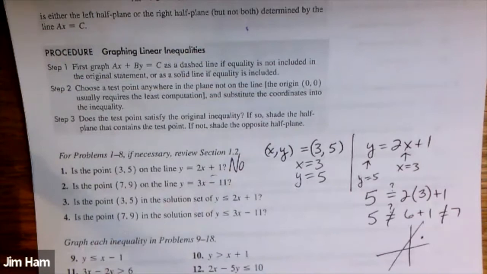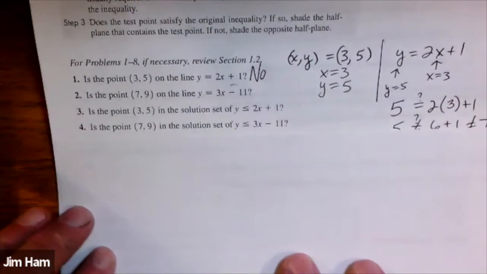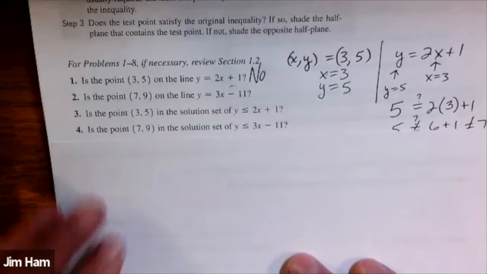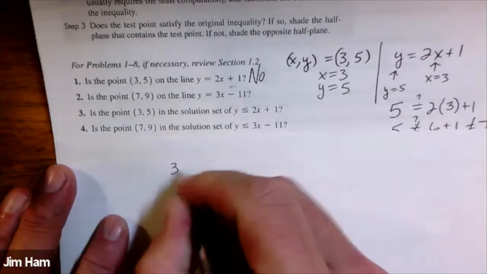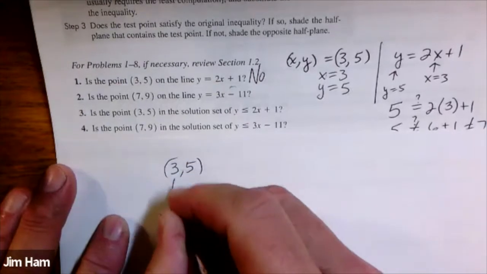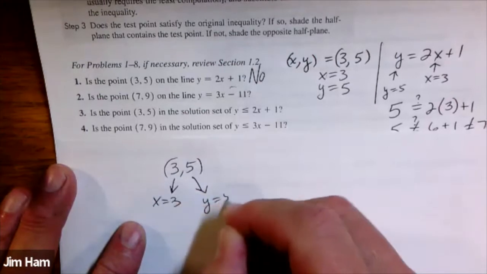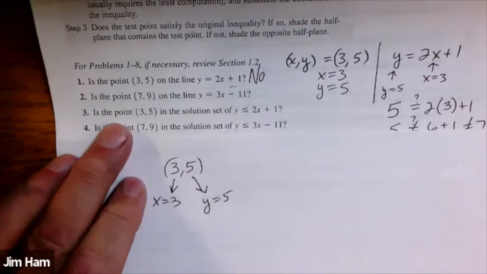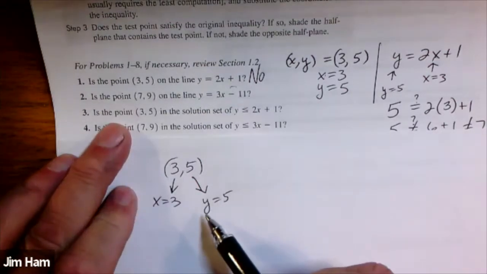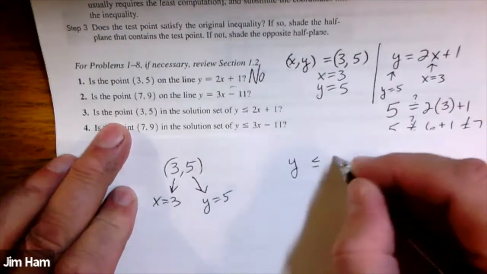We do something similar for inequalities. So let me do number 3, and then I'll ask you to do number 4. For number 3, it says, is the point (3, 5)? We're going to break that point apart into its two components, the x component and the y component. And we want to know, is this point in the solution set of, all right, now we're going to introduce an inequality.